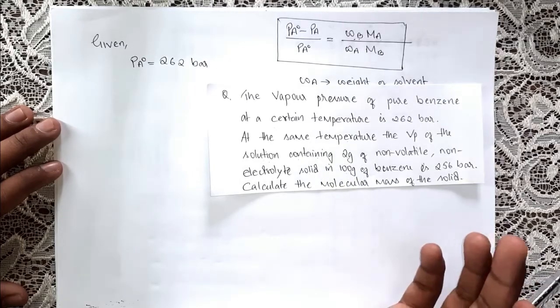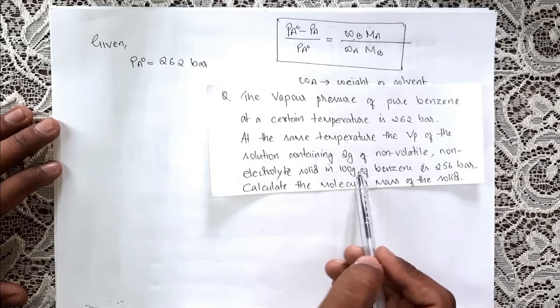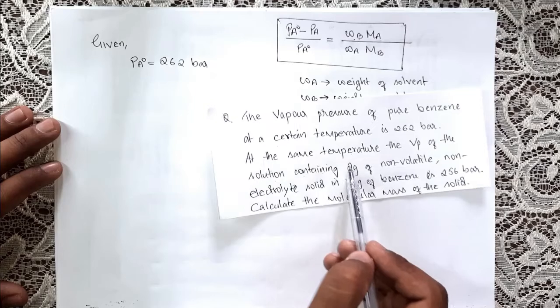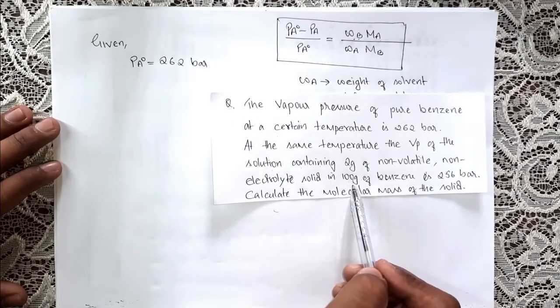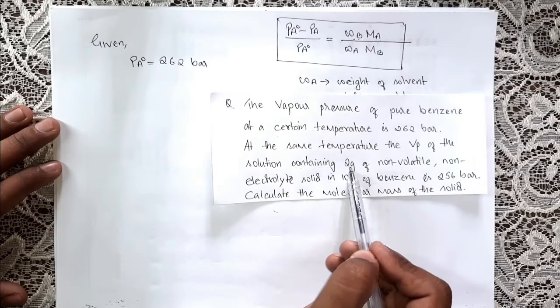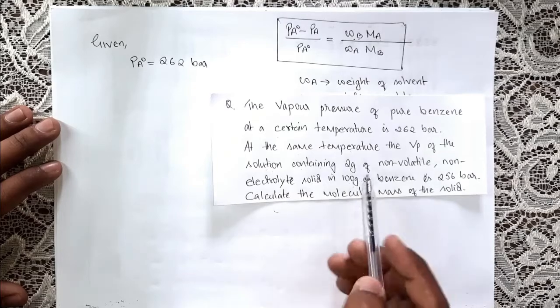Or another way I can tell you is, just a trick, if two grams are given, the first gram becomes your WB and the second gram becomes your WA.